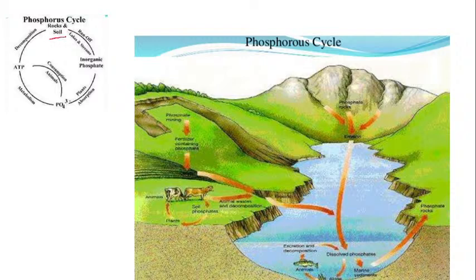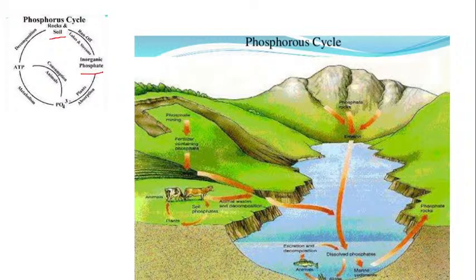So in the phosphorus cycle, phosphorus is found locked in rocks and soil. Then by runoff, or after weathering, the phosphorus will reach the lakes and streams, and that is known as inorganic phosphate.